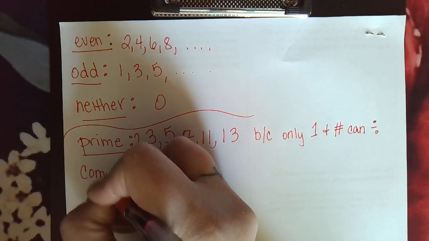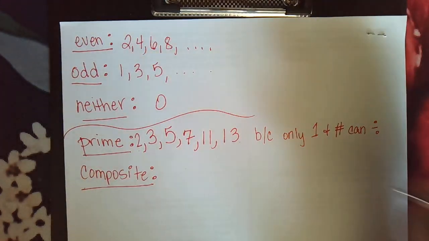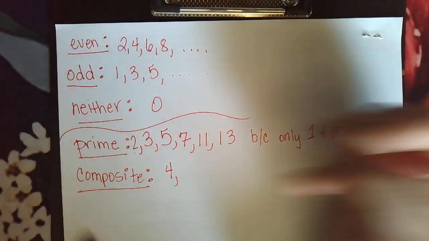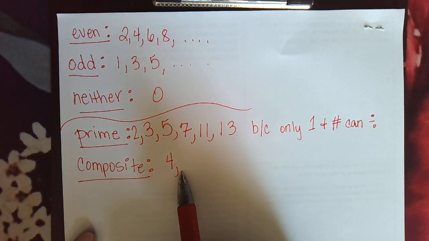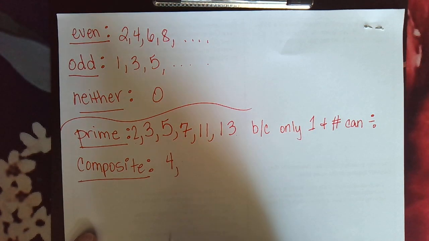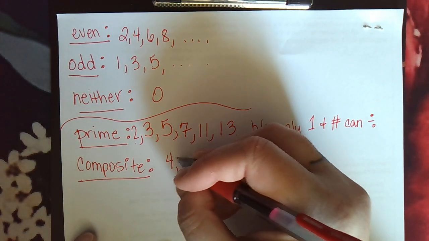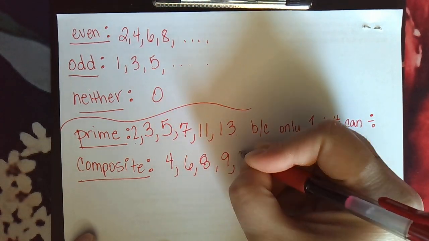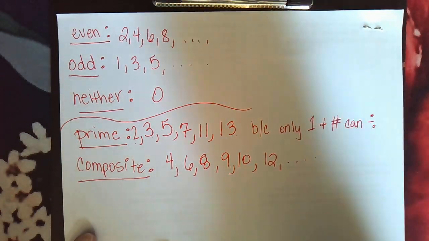Composite means more things can divide in besides 1 and the number itself. For example, the number 4. You can divide it by 1 and the number itself, 4, but you can also divide it by an extra number like 2. Other composites are 6, 8, 9, 10, 12, and so on.